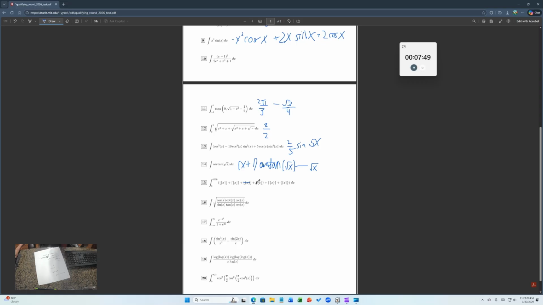Yeah, this guy also is redundant. This guy becomes 1. This guy disappears. So all we're left with is the integral from 0 to 1000 of 1 plus ceiling x plus floor x dx.